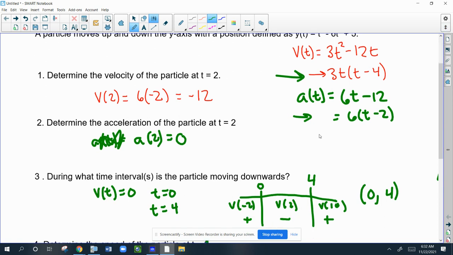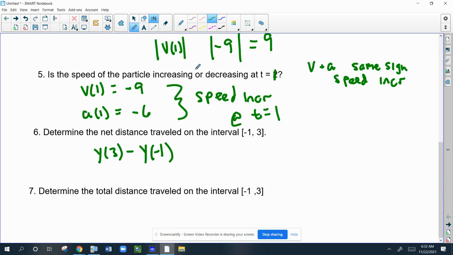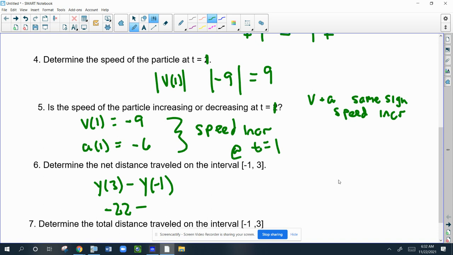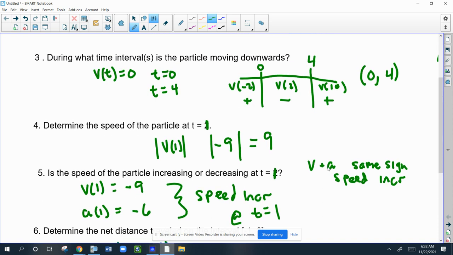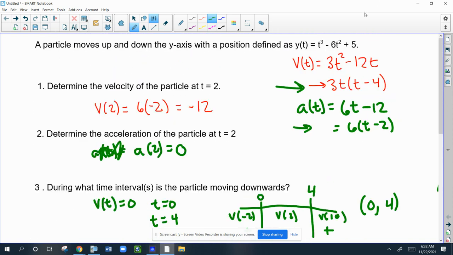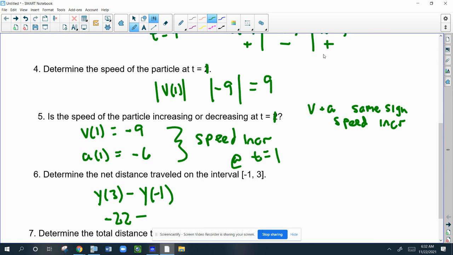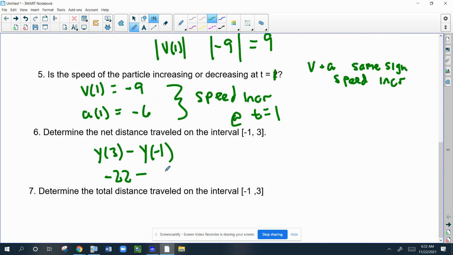So that's the position it's ending at. Now subtract from it the position it's starting at, y of -1, which would be -1 minus 6, which is -7, plus 5, which is -2. So minus a -2. So -22 plus 2 is -20.